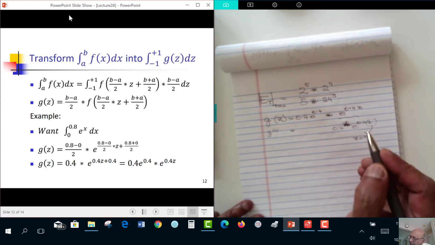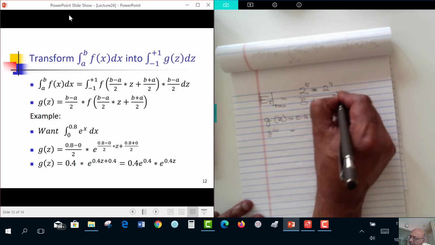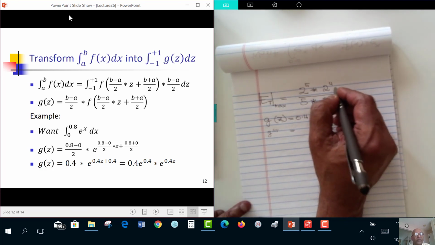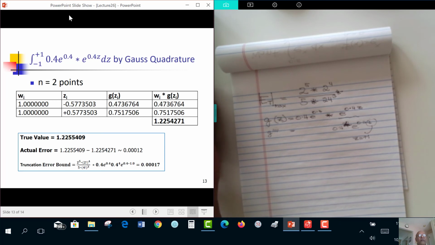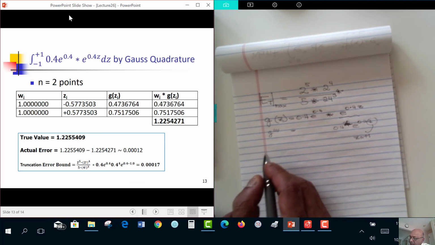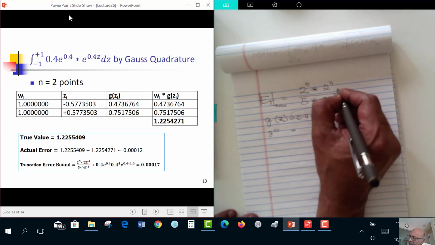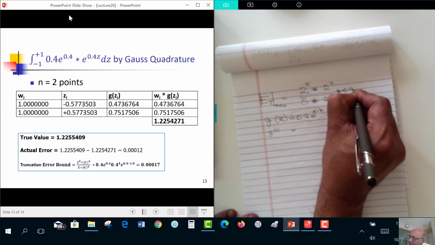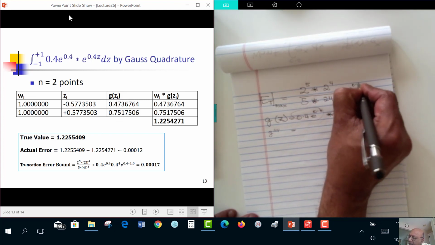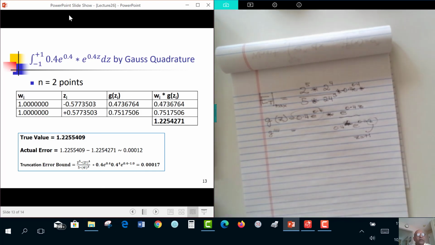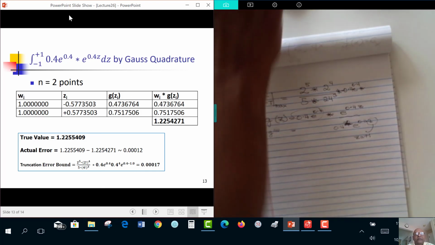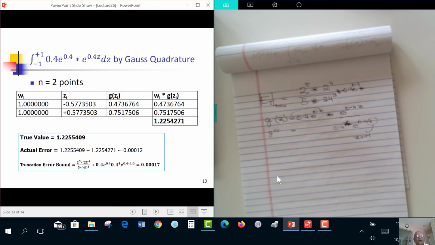So our derivative here would be, so let's bring this here. So we have this term, 0.4 e to the 0.4. Notice I'm doing the same thing on this slide here.